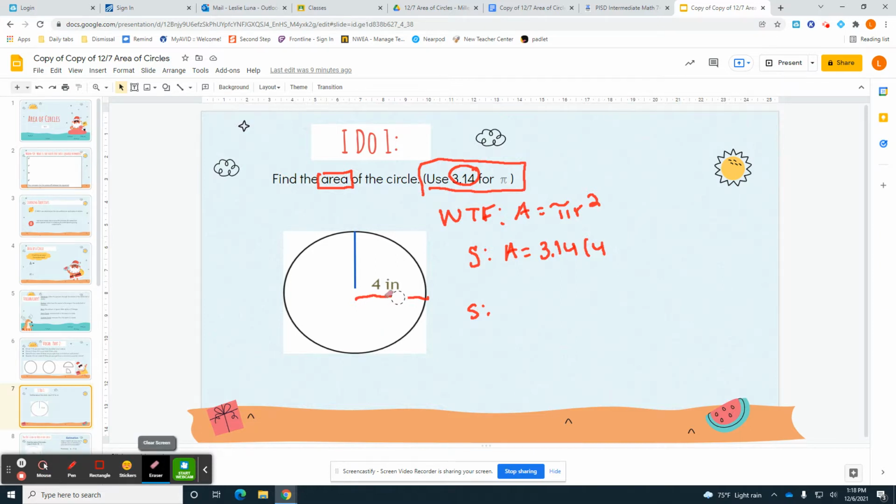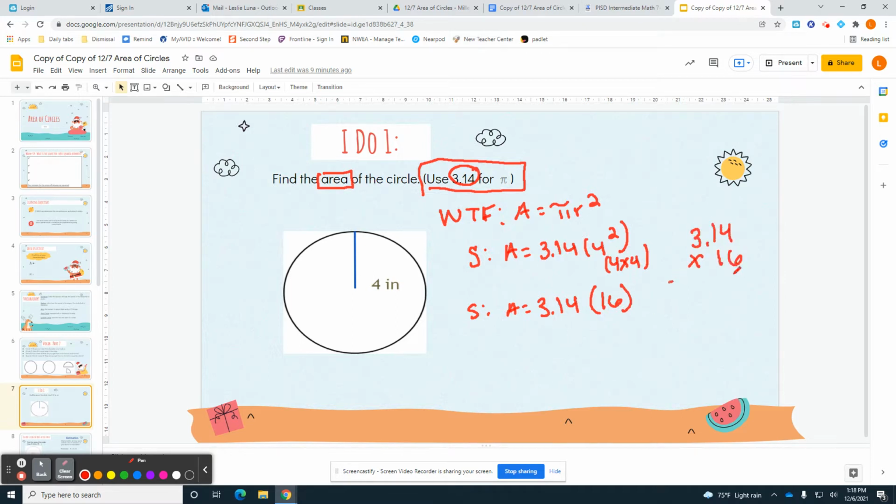Okay. So it's still the same thing. Times 4 squared because we said we're going to square our radius. So that means A equals 3.14 times 4 squared, which would be 4 times 4. So what's 4 times 4? 16, that's correct. So now we're going to have 3.14 times 16.